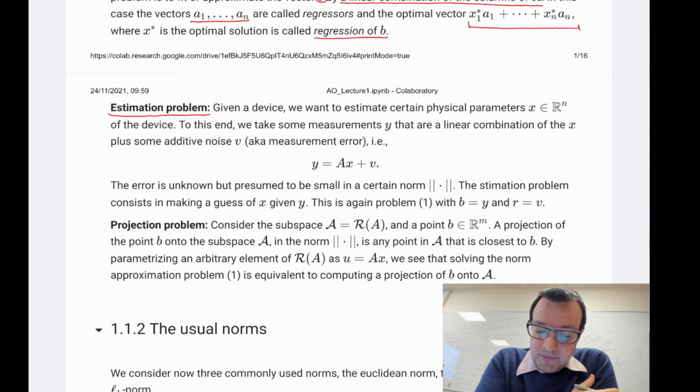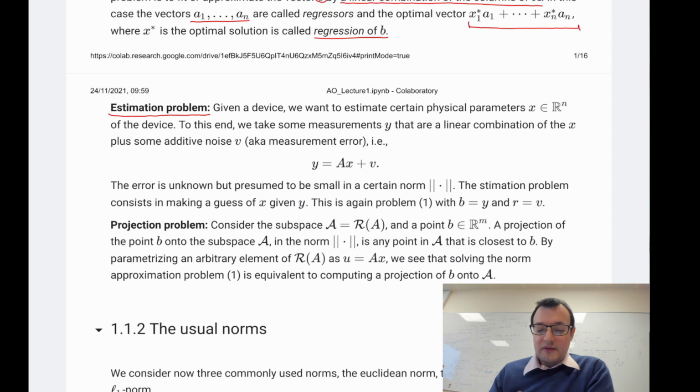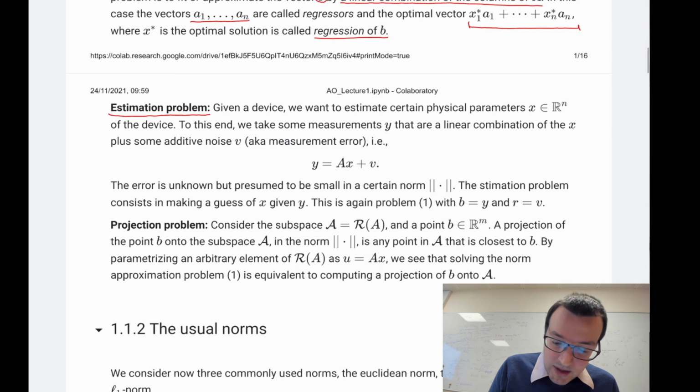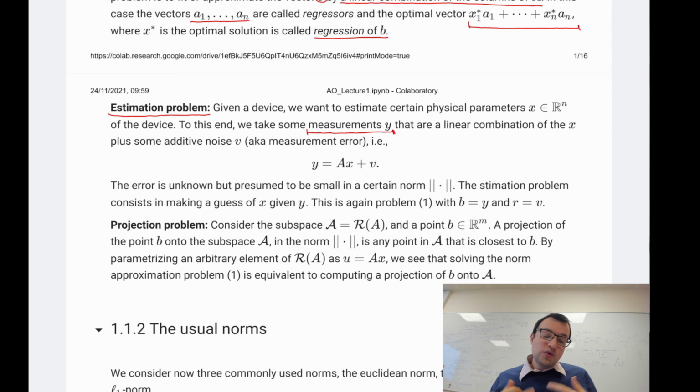Imagine that you have a device and you can measure certain quantities of this device. It can be a circuit, for instance, and you measure, for instance, the currents or the voltages in this circuit. So you have these measurements, y. And what you want to know is actually some internal variable of your circuit or of your device.